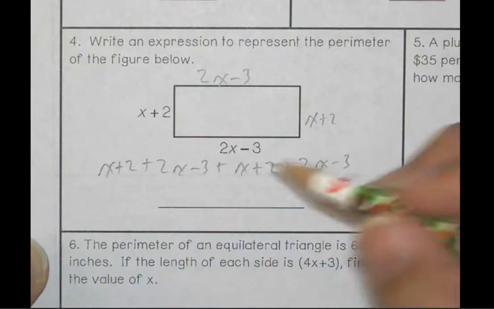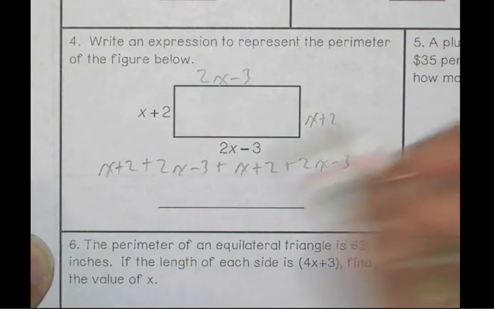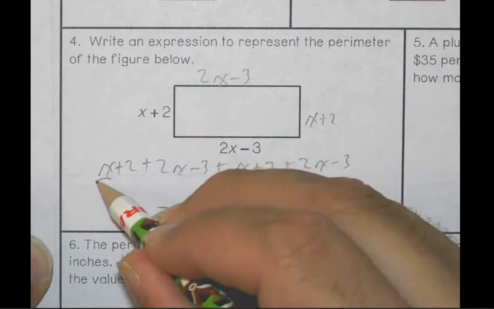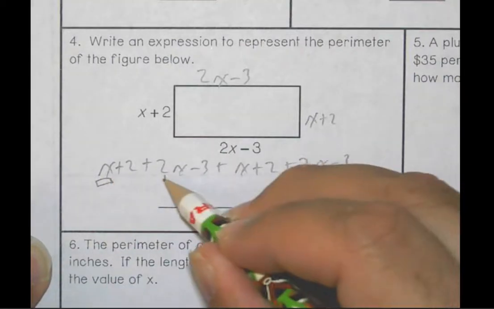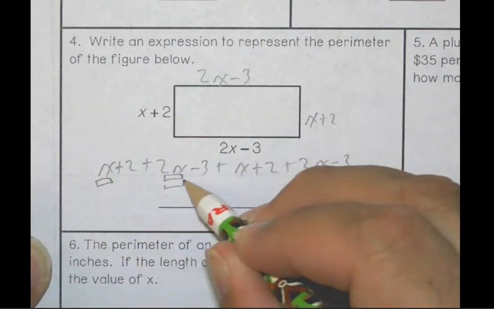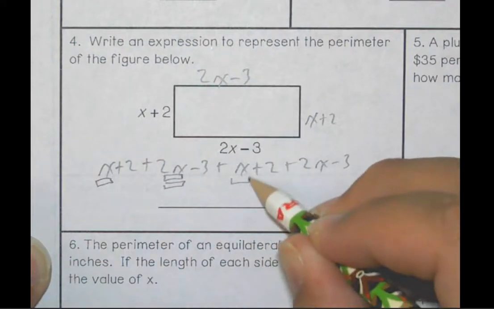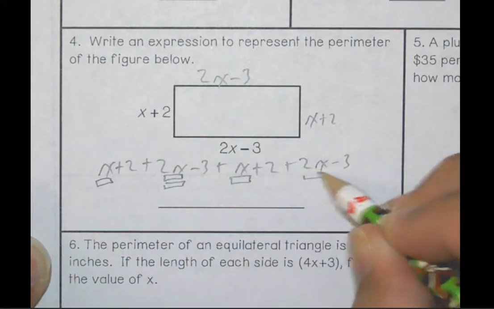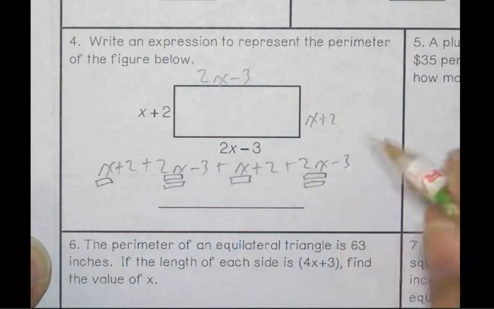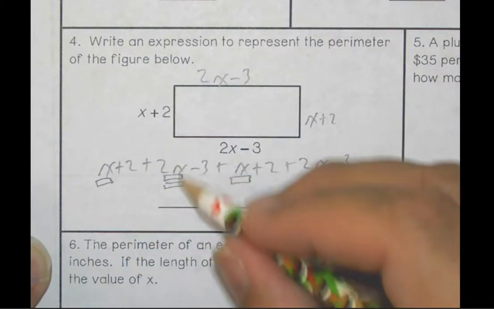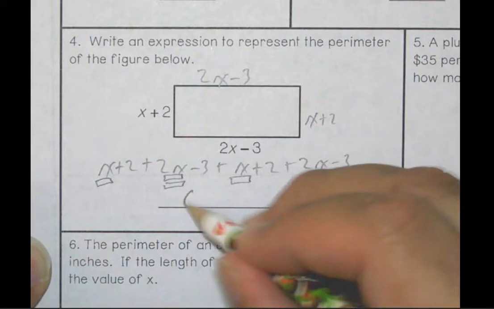But what I really wanted to see was that we combine like terms. So I have an x, 2x, an x, and 2x. That gives me 1, 2, 3, 4, 5, 6x.